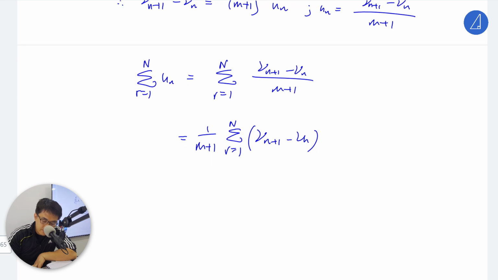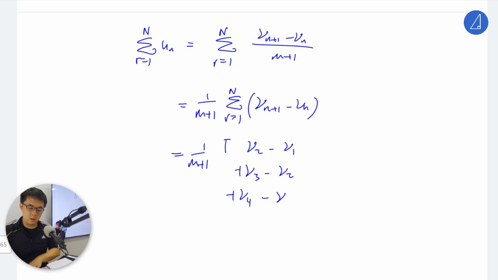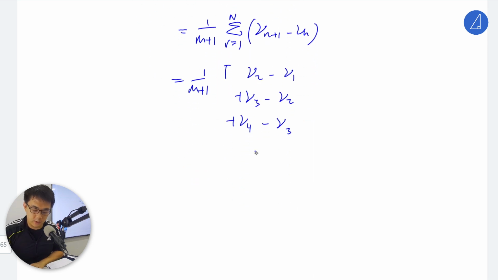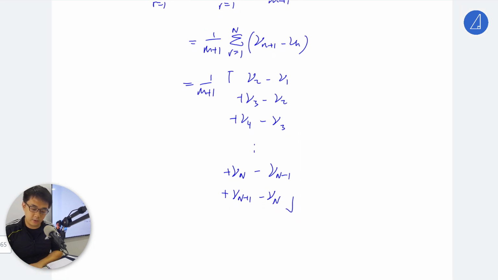There will be V2 minus V1, V3, all the way to the last two. Then method of difference: cancel, cancel, cancel, cancel. Left with 1 over m plus 1.